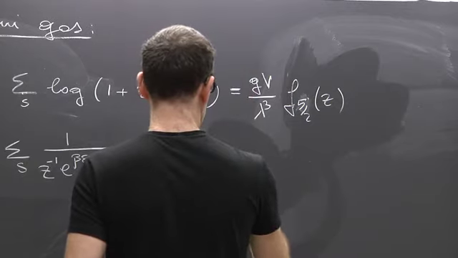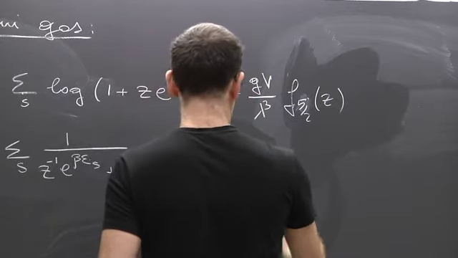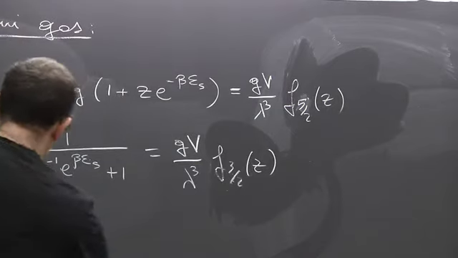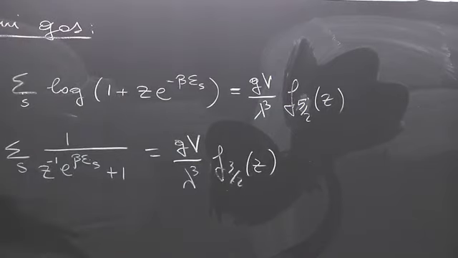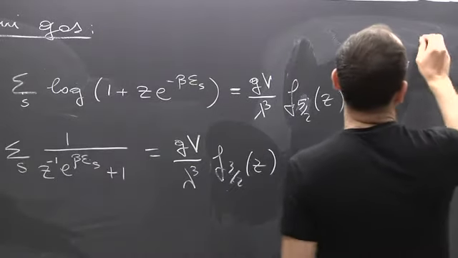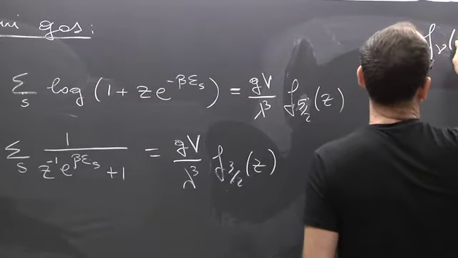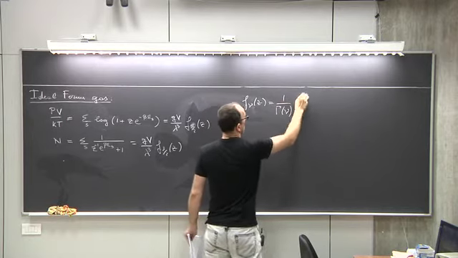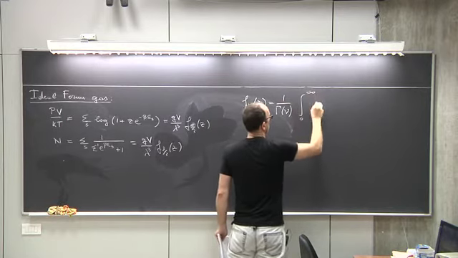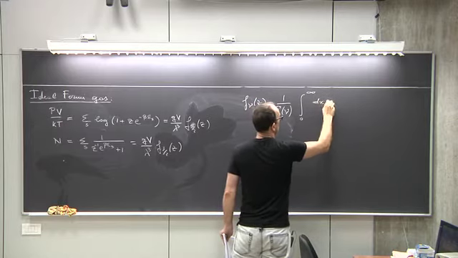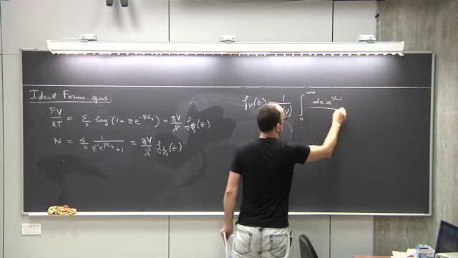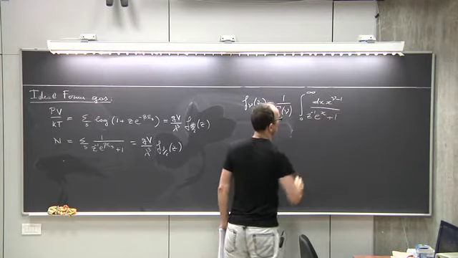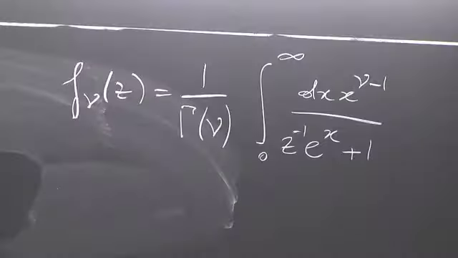This is f 3 over 2 of z. There was a numerical factor missing, where these functions f, so the function f nu of z is 1 over the gamma of nu times the integral from 0 to infinity dx x to the nu minus 1.